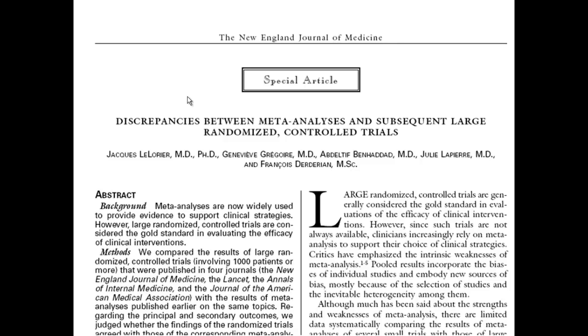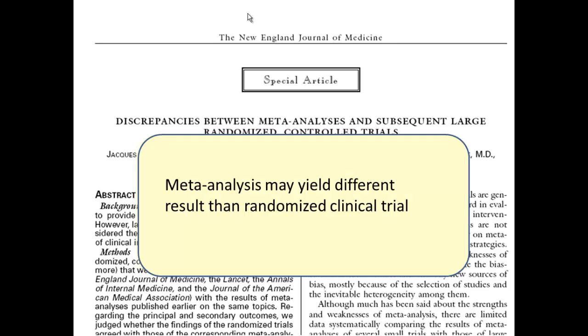But in the New England Journal of Medicine, this fellow wrote this article where they made 4 or 5 arguments against meta-analyses. And one of them was they said the meta-analysis may yield different results than the randomized clinical trial. And the thinking was, since we all know that the randomized clinical trial is the gold standard, if the randomized clinical trial yields one result, whereas the meta-analysis yields a different result, clearly the meta-analysis is wrong.